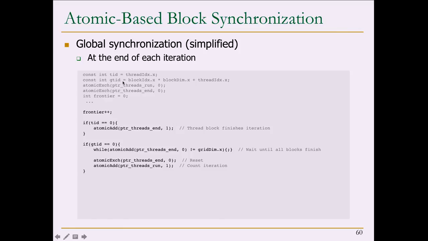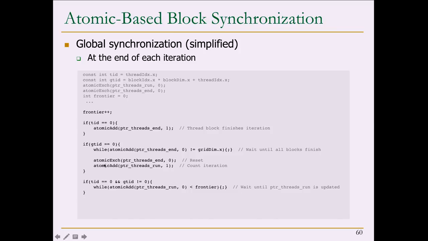GTID is like the global thread ID. It also considers the thread block ID. So for thread block ID 0 and thread ID 0, it will go through the if. Otherwise, it waits here in this while loop. So this is kind of busy waiting. This thread 0 that belongs to thread blocks that are not thread block 0 updates this counter and waits in this while loop.